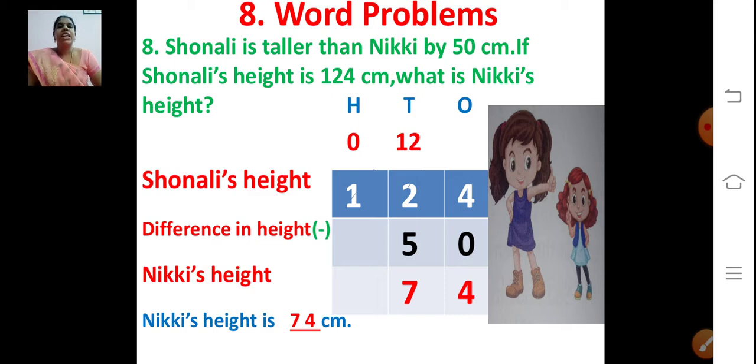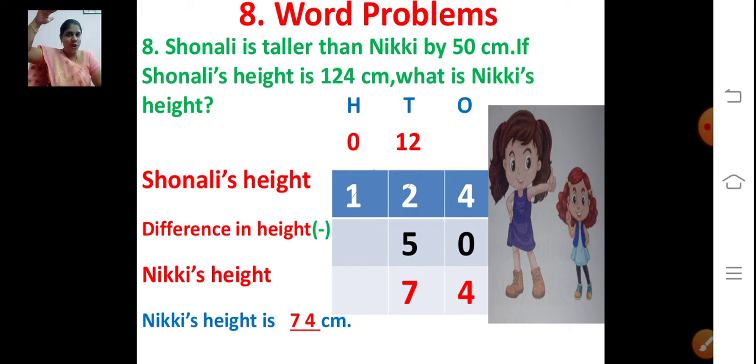A sum. Shonali is taller than Nikki by 50 centimeter. I'll read out the full question, just listen to me carefully. Shonali is taller than Nikki by 50 centimeter. If Shonali's height is 124 centimeter, what is Nikki's height? Just see the picture.